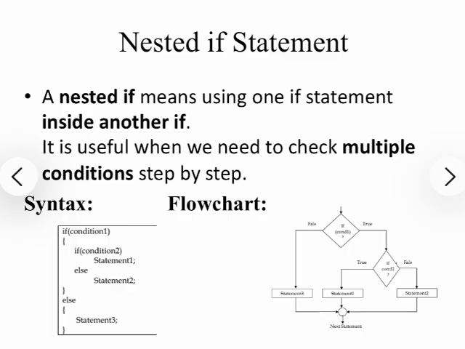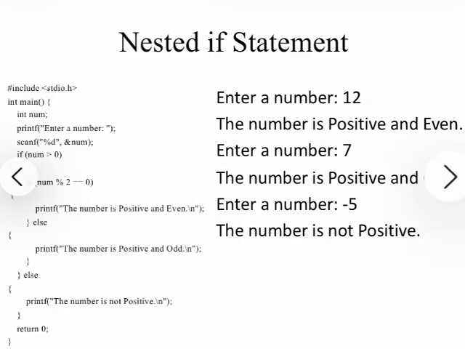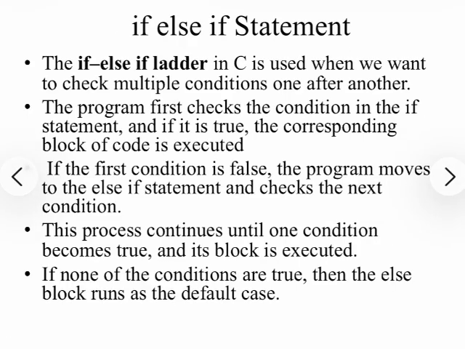Inside if condition 1, they have given if condition 2, and then a statement, and in if condition 2 they have given an else part also, and then the default else part as well. Here is the example for the nested if statement, a positive and negative example, checking whether it is odd or not.